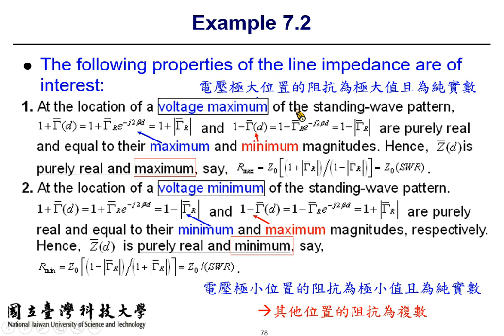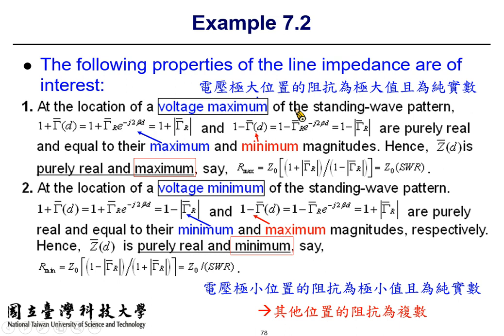It's not on the real axis. ZB is a complex number as well. But because they are on the opposite ends of the constant SWR circle, the product of ZA and ZB will equal the square of Z sub 0 as well. So that's an interesting relationship you can find with termination on the transmission line.